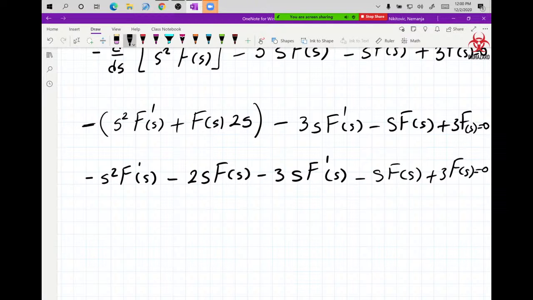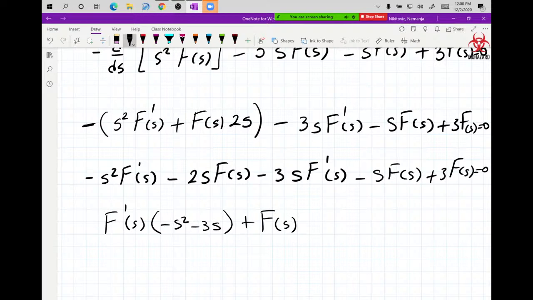So factor out f prime of s, get negative s squared minus 3s, plus factor out f of s.